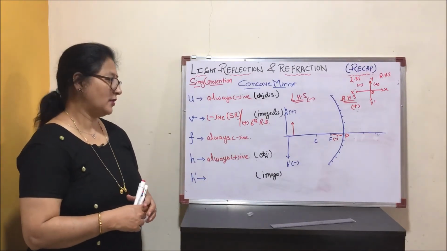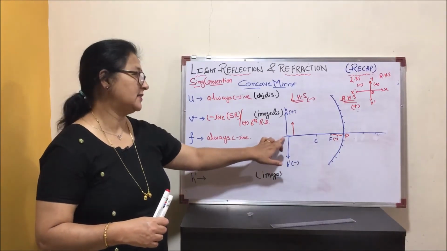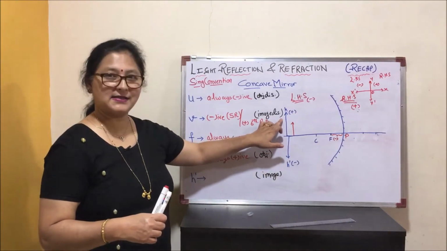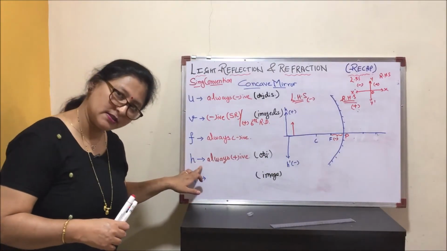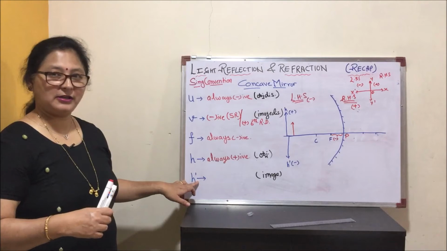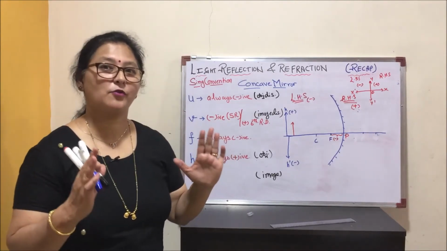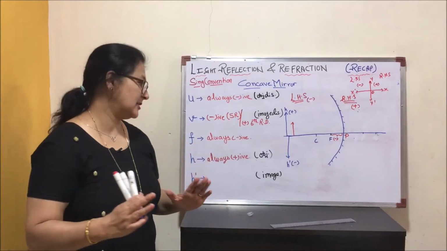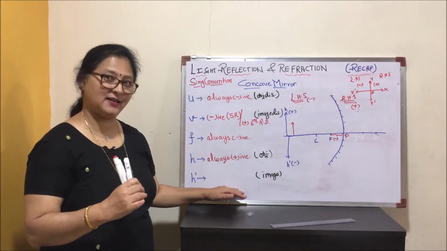Height below the principal axis is negative, and if it is above the principal axis, it is positive. So the height of an object is always positive, and the height of the image in the first 5 ray diagrams of the concave mirror is negative.